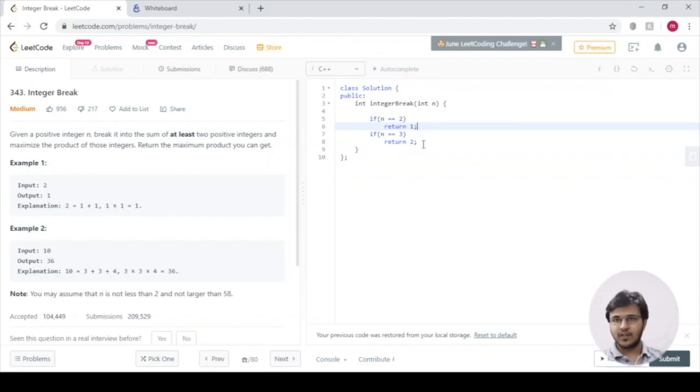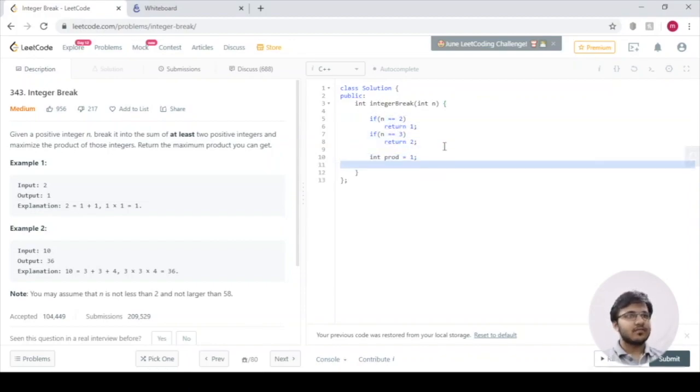Because in case of 3, we can divide it into 2 and 1, or 1 and 1 and 1. So 2 and 1 will get our maximum answer 2. And if we were going to satisfy the condition for n equal to 3, we subtract 3 from it, so we get 0. So that wouldn't be the optimum answer. So we write these conditions beforehand.